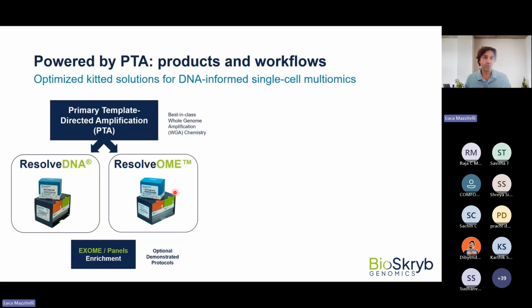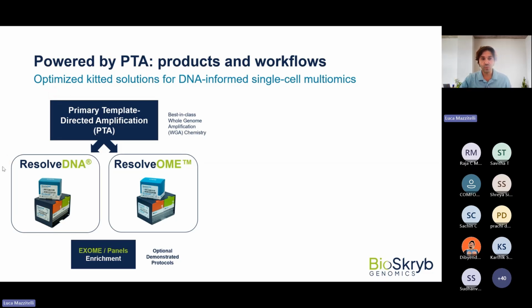What are the solutions that are provided by BioSkryb? Very easy. They're just two kits, and they are all reagents, not based on any specific instrumentation. You can use any PCR machine and thermobath that you already have in the lab, and those are both manual workflows, but we also have an automated version for 384 reactions.